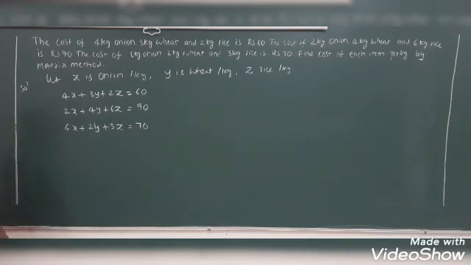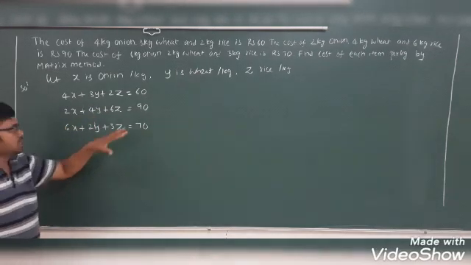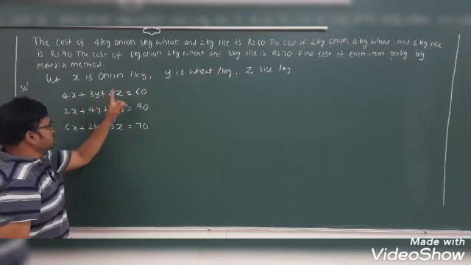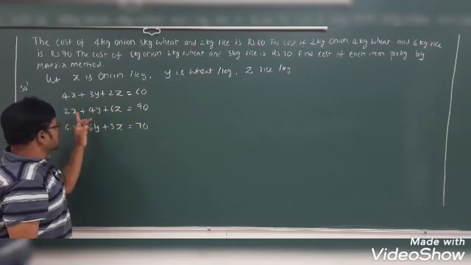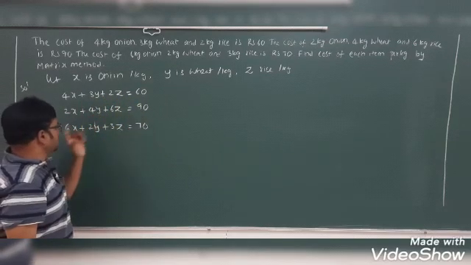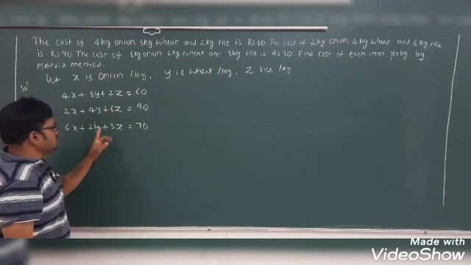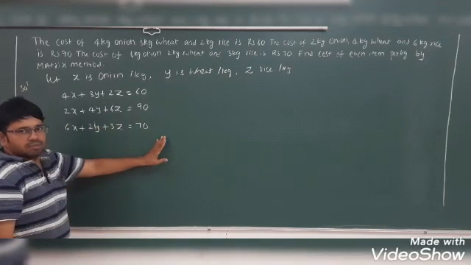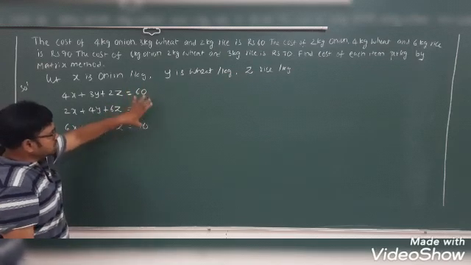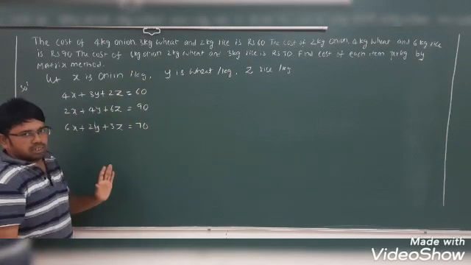Now we get 3 algebraic equations. One is 4x plus 3y plus 2z equals 60. Next is 2x plus 4y plus 6z equal to 90. Third one is 6x plus 2y plus 3z equal to 70. We have to solve these 3 equations using matrix method.